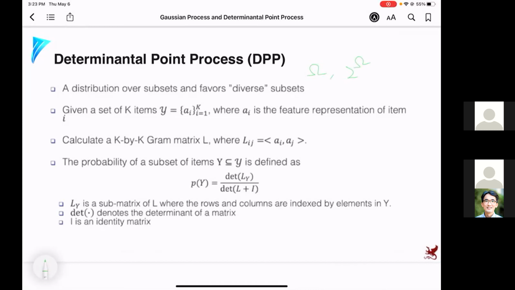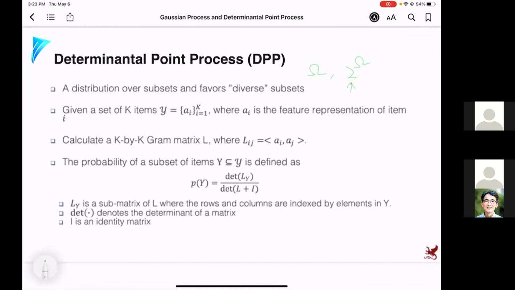And the DPP helps us figure out the correct probability we should assign to each element inside this power set. So this is the problem we try to solve. And the way we do it is that we assign this probability to these elements with the diversity constraint.